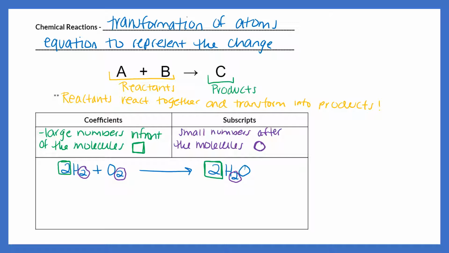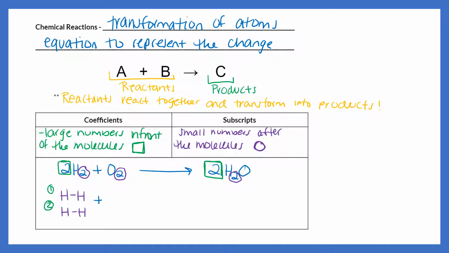This tells us that we have two sets of H bonded to H. So I have H bonded to H, and then I have 2 sets of them, 1, 2, okay?